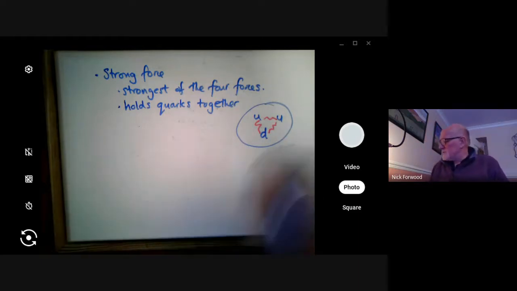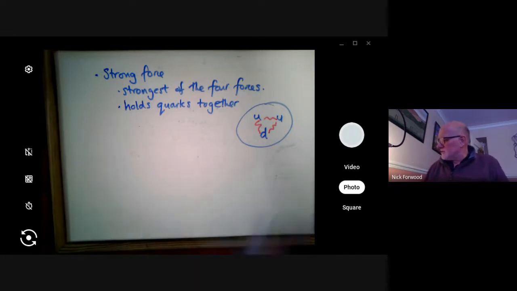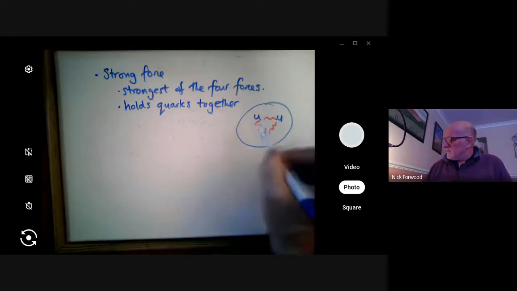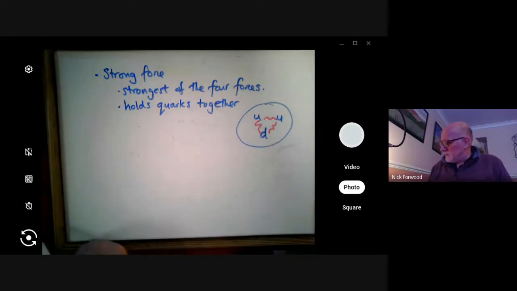So this is a representation of a proton, which is a composite particle made of three fundamental particles held together by a fundamental force called the strong force. What else does it do? Well, it obviously holds together two quarks in the meson as well, plus any of these other exotic particles. But just think of it as responsible for holding the quarks together.